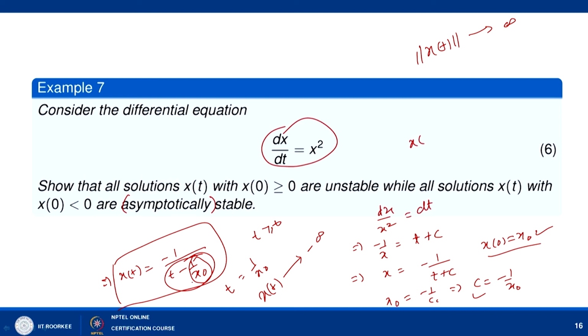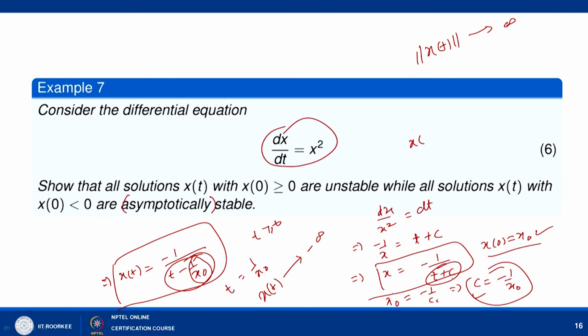So, C is positive now. So, t plus C will remain positive for all values of t, and hence x, which is minus 1 upon t plus C, as t tends to infinity, will tend to the value 0, right.